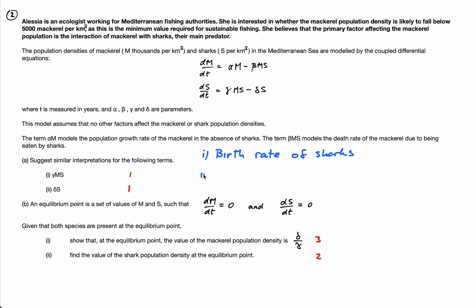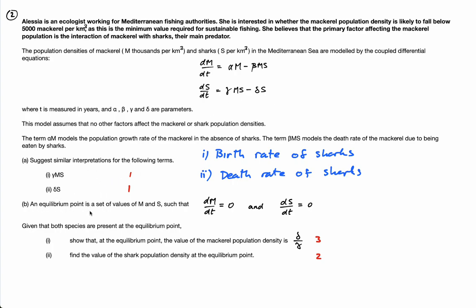And then this is the death rate of sharks because sharks are dying. So the total growth rate of sharks, the rate at which the population is growing, is the birth rate minus the death rate. And that's it.